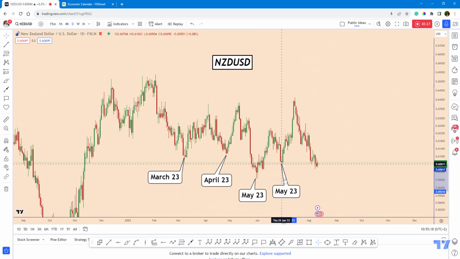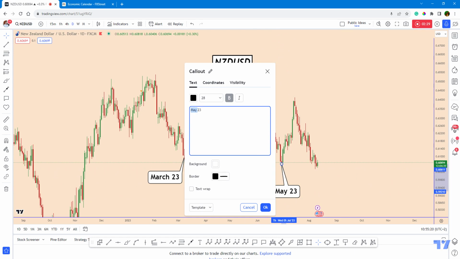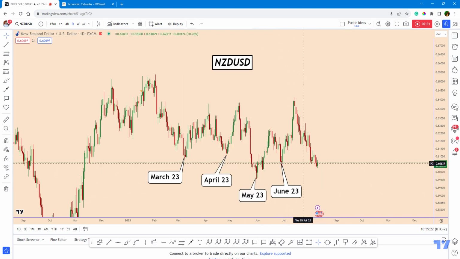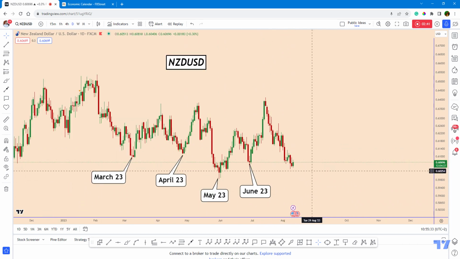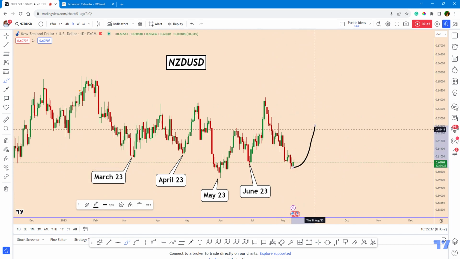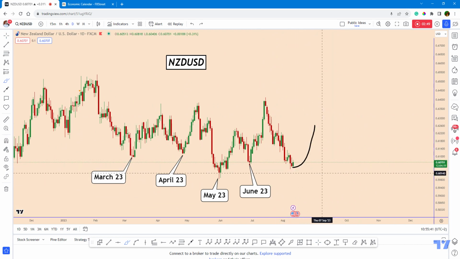So approximately at the end of each month, the price is tending to create a bullish movement so far. Here it was in the middle of March. So the chances are very high that during the news event we may see the price recover, or probably we are close to a change in the direction of the trend.